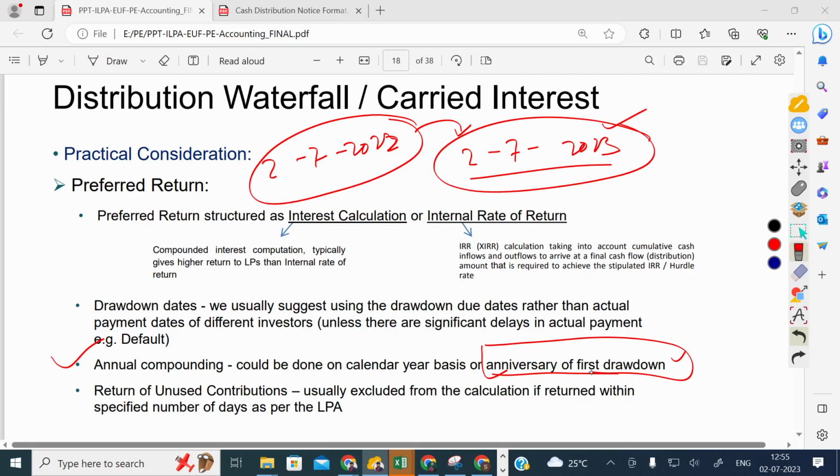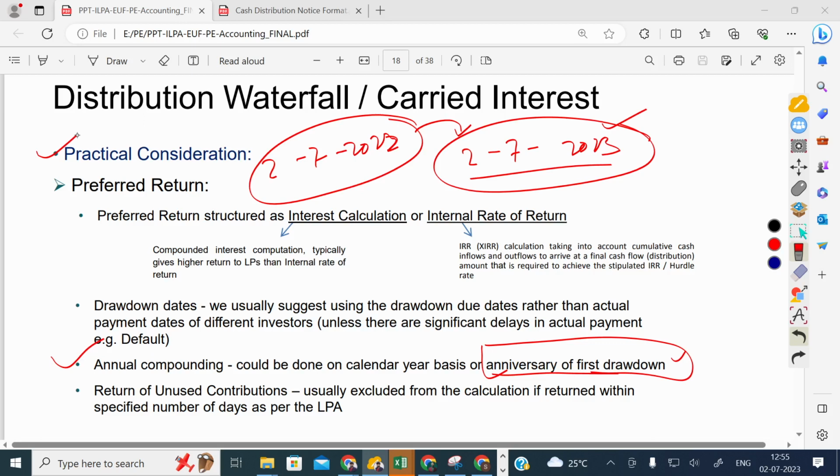You just need to check all the key aspects, and accordingly you can apply the accounting treatments. These are the rules, not the detailed theoretical aspects, but the practical aspects you would see at ground level that you need to follow while calculating the preferred return and applying accounting treatment.